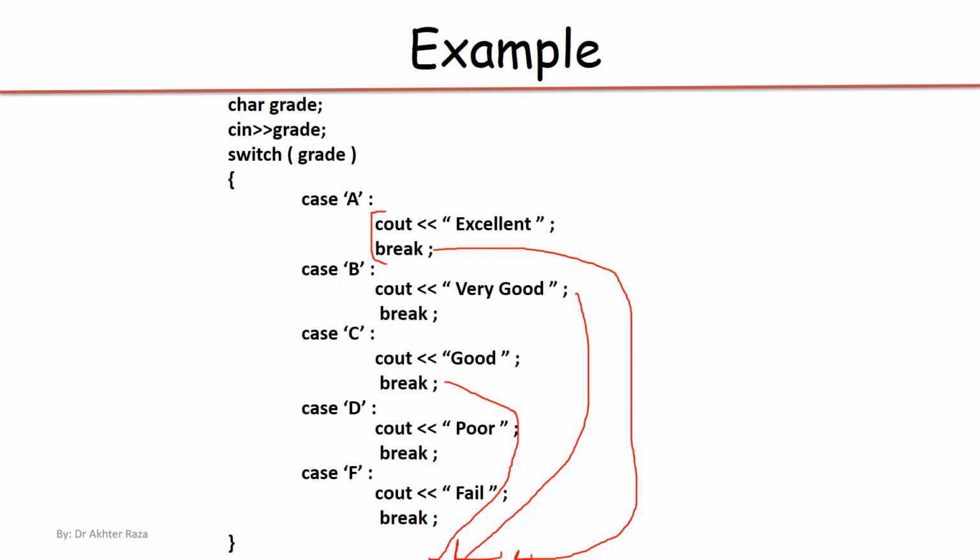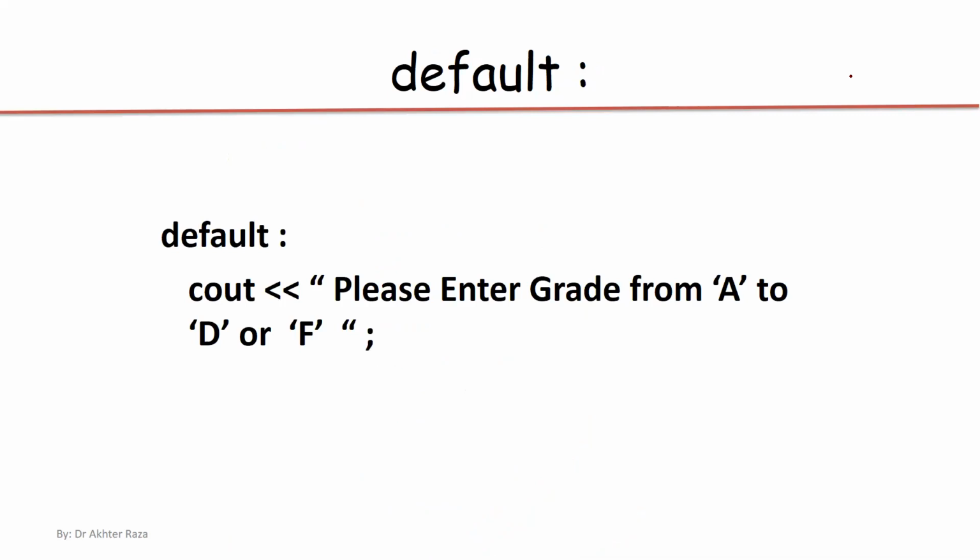But if I am using break, then it will not check any other condition. Grade A, cout A, break outside. If grade B, cout this, break outside, and so on. That is the advantage of break. The break is a powerful statement that lets you exit any control structure.